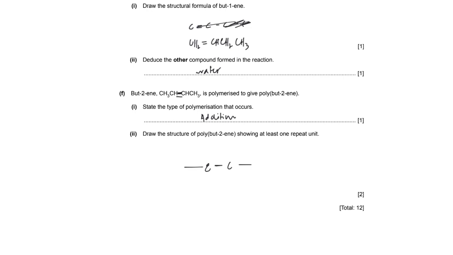And on the right and on the left there will be extension bonds. Whatever there is on the right of this carbon will become the branch, which is CH3. And whatever is on the left of this carbon will also become the branch CH3, hydrogen, and since it's a polymer, you'll have to write a bracket and an n.